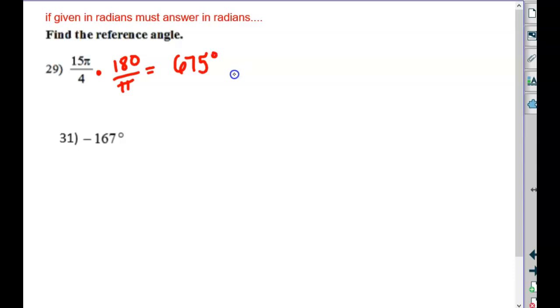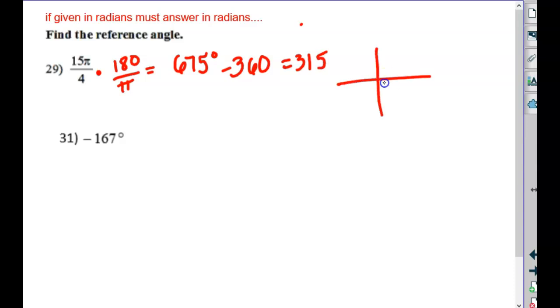Okay, is that the reference angle? Well, yes, that's what you're gonna do to this. But the definition of a reference angle is it is an acute angle made with the x-axis and it's always positive. So if I take a 360 off this, like Martin said, I'm down to 315.